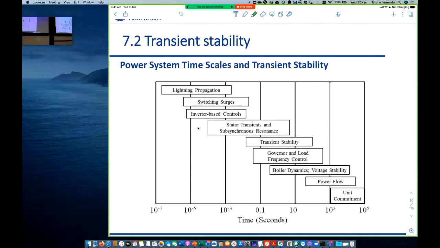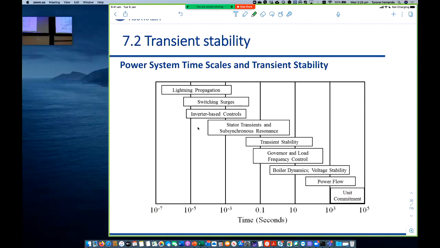Transient stability. Imagine a power system in steady state. In other words, you have a bunch of generators supplying a particular load, and they can be in steady state. If the load doesn't change, generation amounts don't change, they are in steady state.